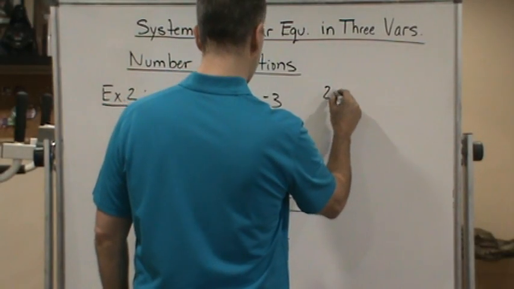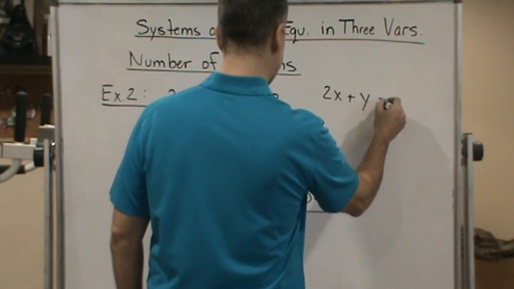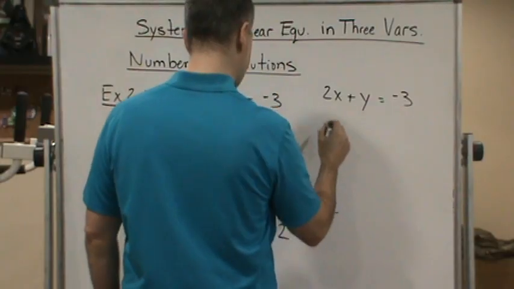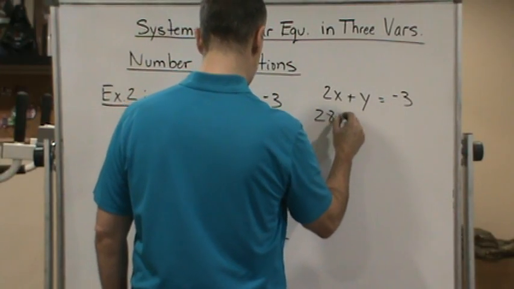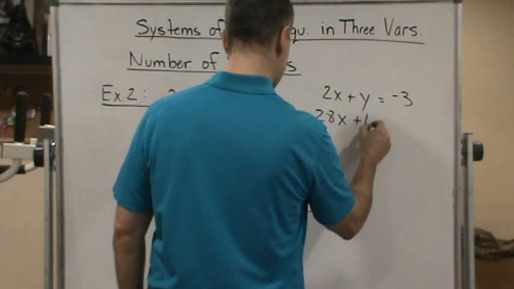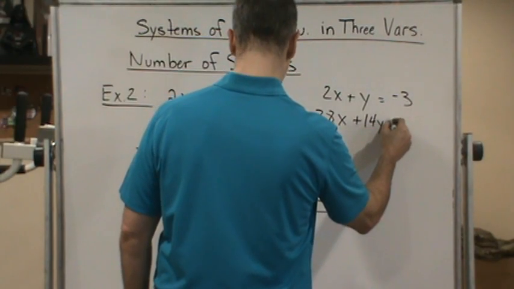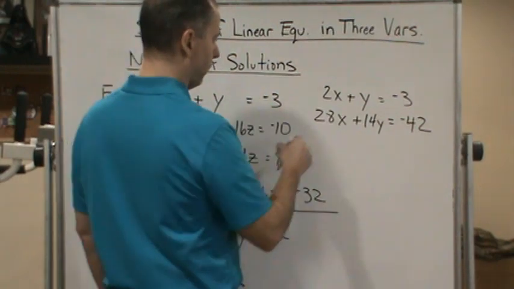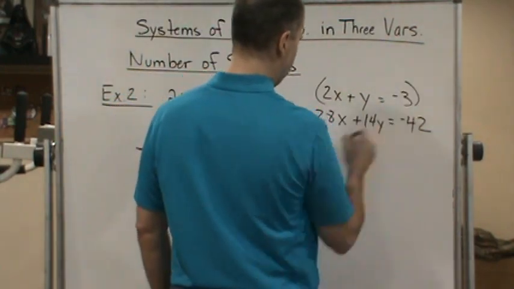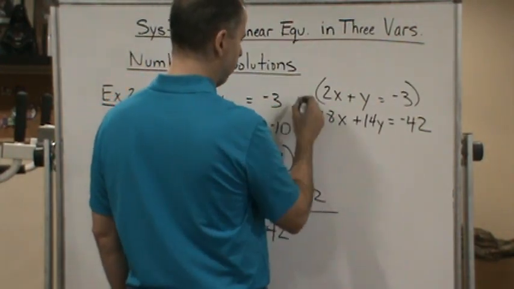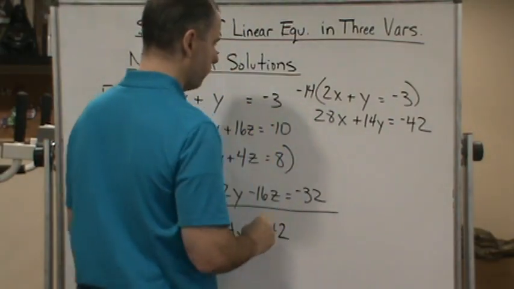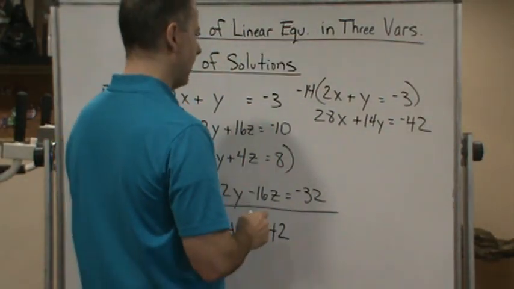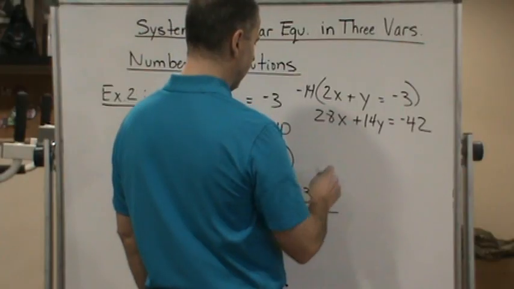So I'm going to do 2x plus y is equal to -3. I've got 28x plus 14y is equal to -42. So now what I'm going to do is multiply the top one by -14. And so now in this case here, I get what?